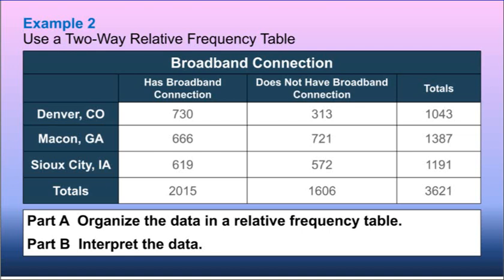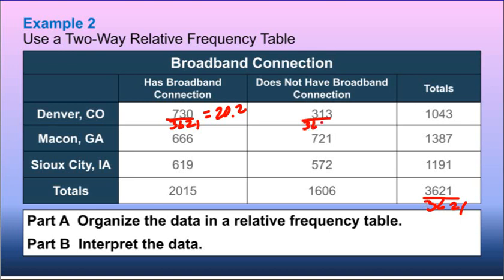So first off, the total would be 3621. So we have 730 divided by 3621. I'm going to multiply this by 100. This is going to give us 20.2. Now I'm just going to keep this on this slide. If you want to put it on the next slide, you may do so. But to save some time here, I'm just going to put it on this slide.